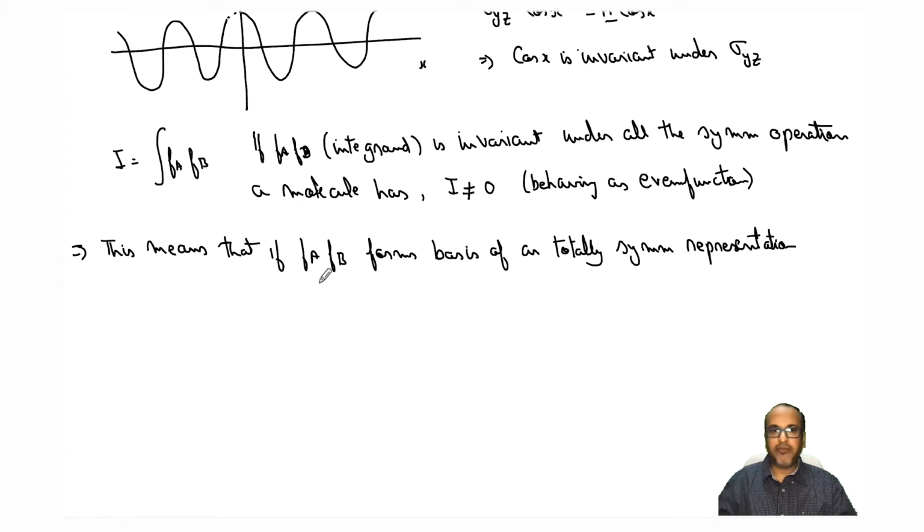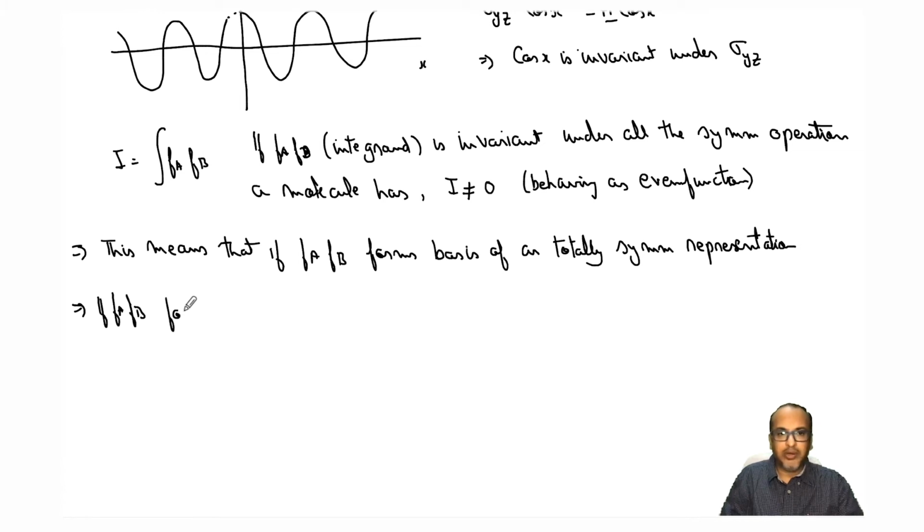So if fA fB, the integrand here, forms the basis of a totally symmetric representation, that would mean that it is invariant under all the symmetry operations, and then the integral I will not be equal to 0.